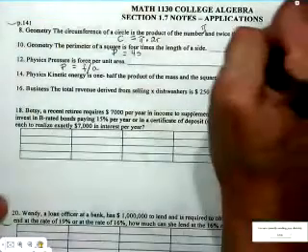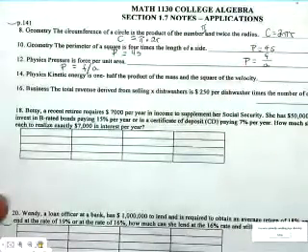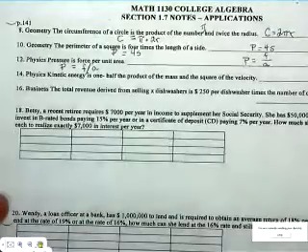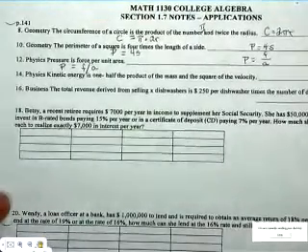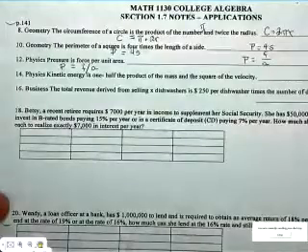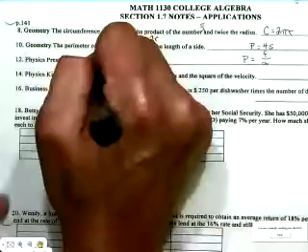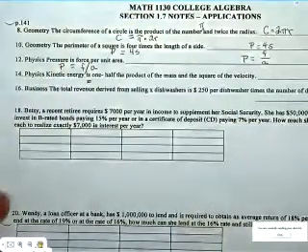Number 14, kinetic energy is 1/2 the product of the mass and the square of the velocity. Getting just a little bit more complicated, but here's where my equals goes, right under that is. And what variable would you like to use for kinetic energy?